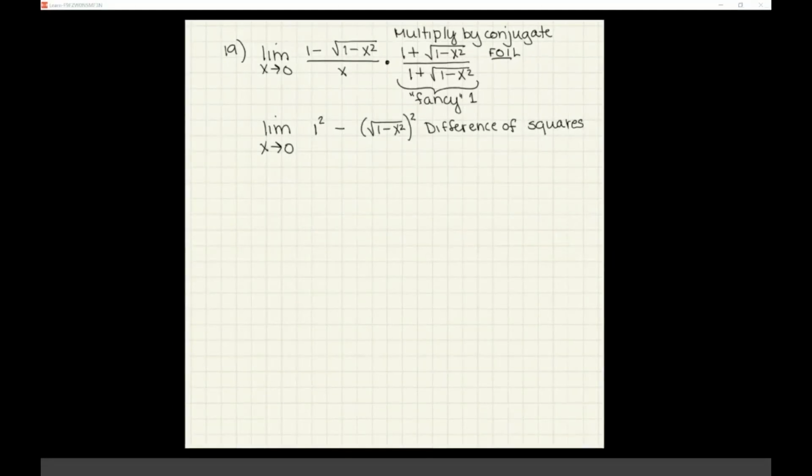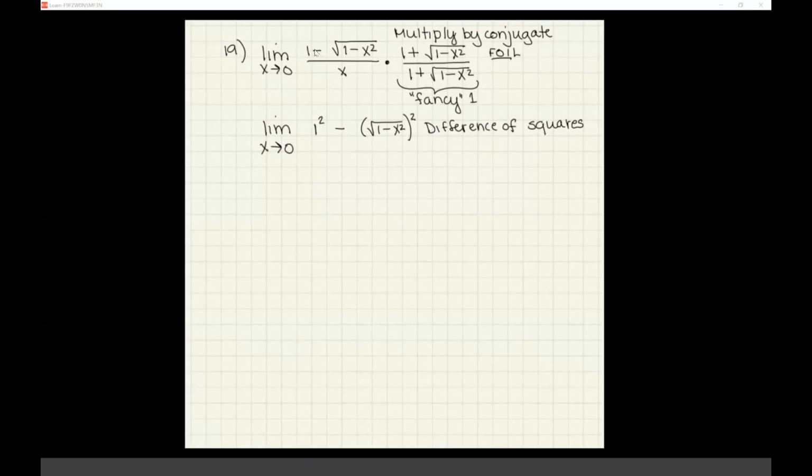Please reach out to me and I can give you some resources to help you remember how all this works. But all I'm doing is foiling this, only I'm foiling it quickly because I remember the pattern for difference of squares. Square the first term, square the last term, put a minus sign between. There's no middle term here because of the minus plus. The middle term will cancel out.